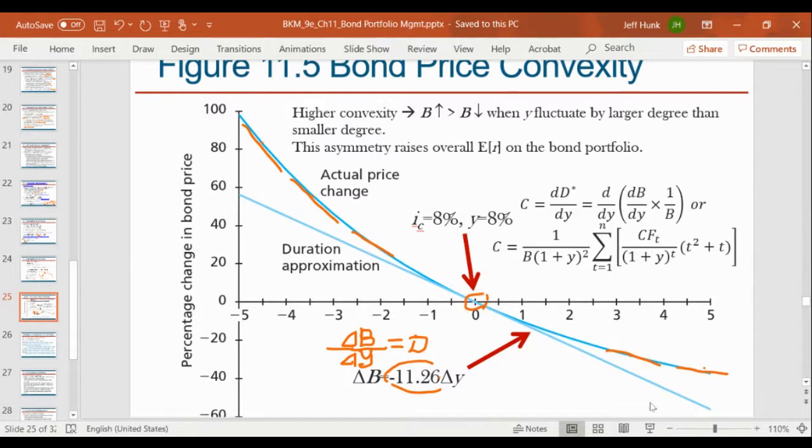And this is the duration, which is a straight line approximation of the curvature.